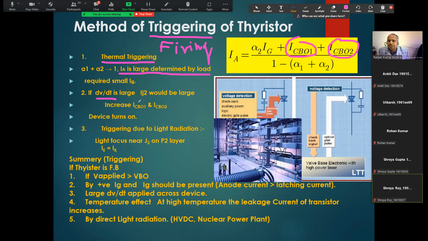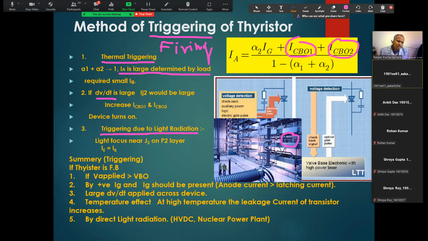So the leakage current will increase, the current will become greater than the latching current, and the device will be turned on. Also there is triggering due to light radiation. Here you can see a high voltage circuit. This picture shows a high voltage valve, and these high voltage valves can be triggered by using laser rays.